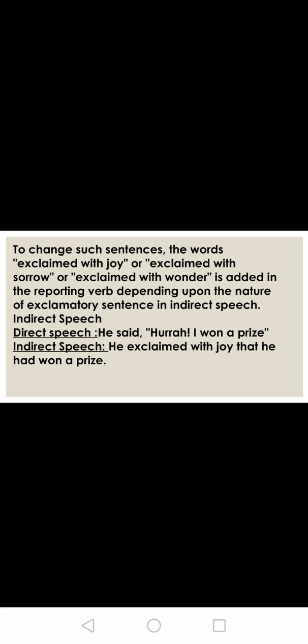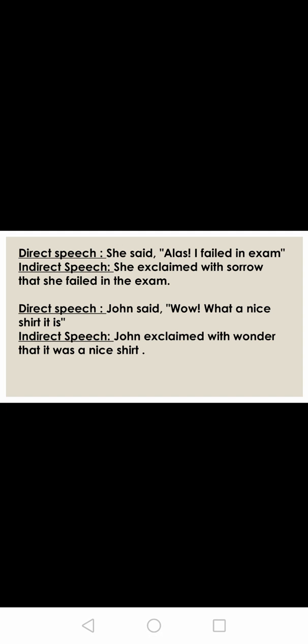So you are going to change like this: He exclaimed with joy that he had won a prize. Now she said, alas, I failed an exam. She exclaimed with sorrow that she had failed an exam. Now the next is, John said, wow, what a nice shirt it is. John exclaimed with wonder that it was a nice shirt.